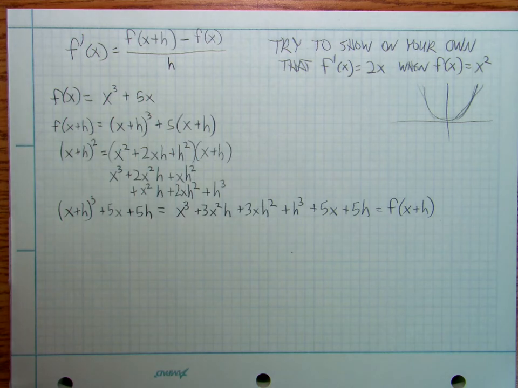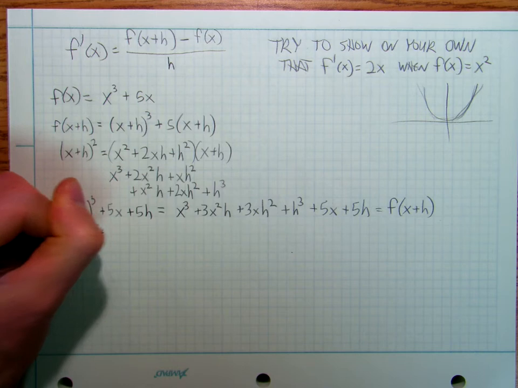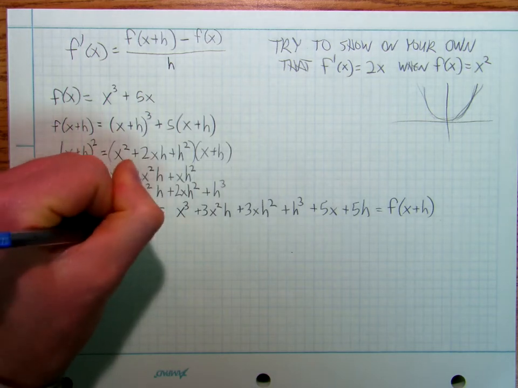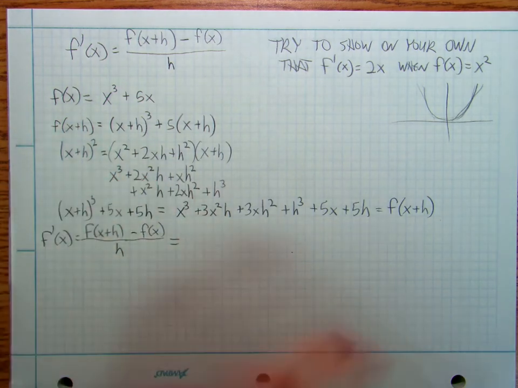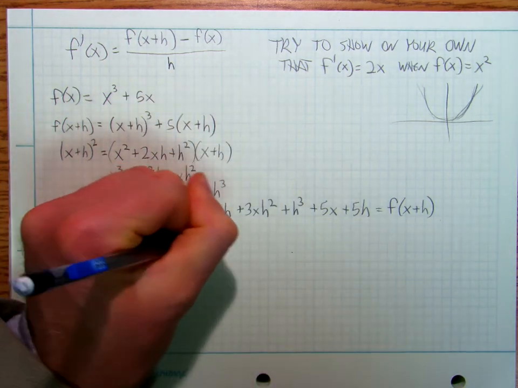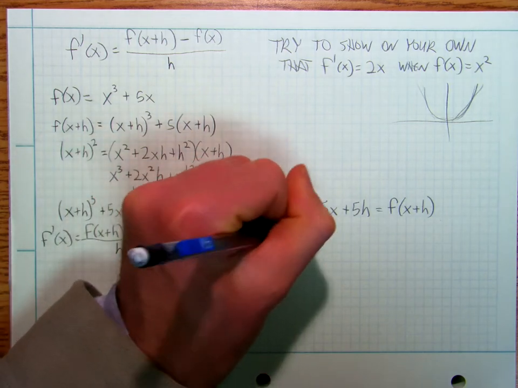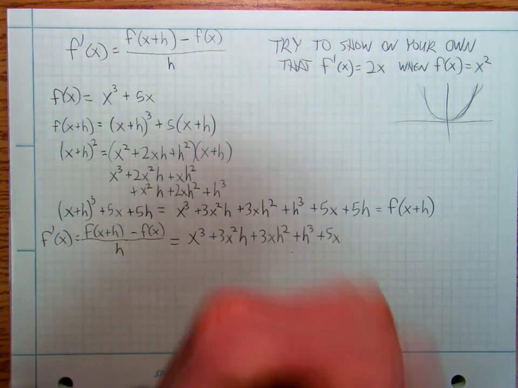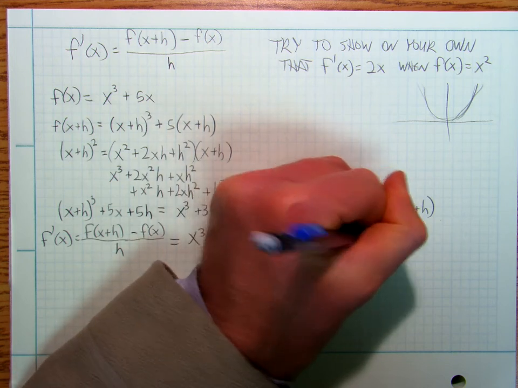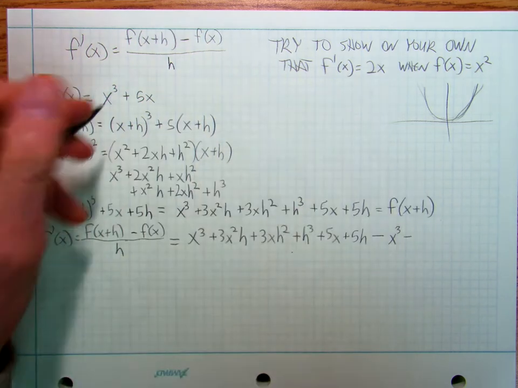So now if I plug that into this formula up here, f prime of x is equal to f of x plus h minus f of x over h. I'm going to have this long thing, x cubed plus 3x squared h plus 3x h squared plus h cubed plus 5x plus 5h minus my f of x, which is x cubed plus 5x.